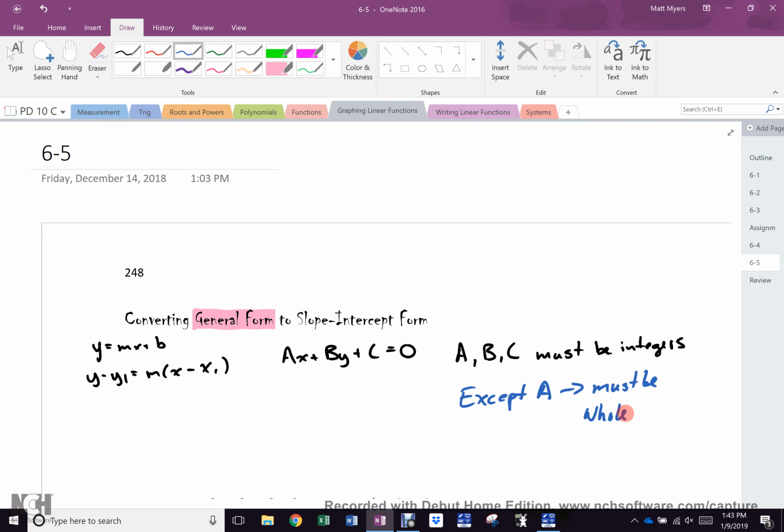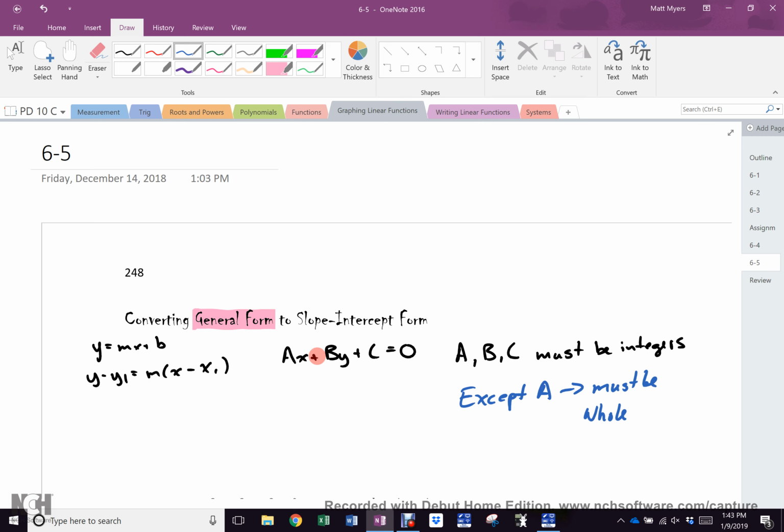Kind of. All right. So, general form. General form doesn't tell us anything, but we can manipulate general form to tell us stuff. General form will quite easily show us our x and y intercepts, but not just by looking at it. We have to do algebra.